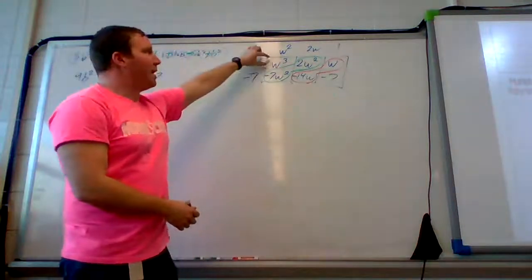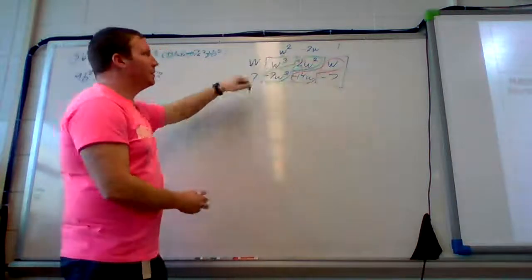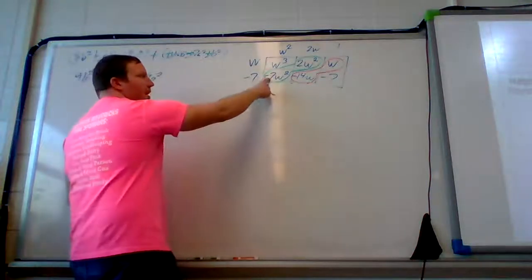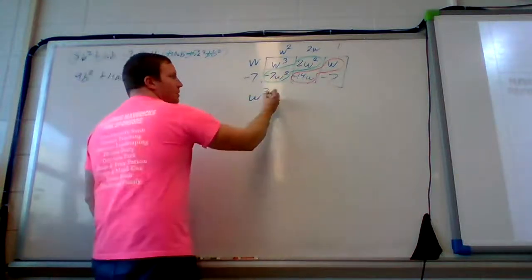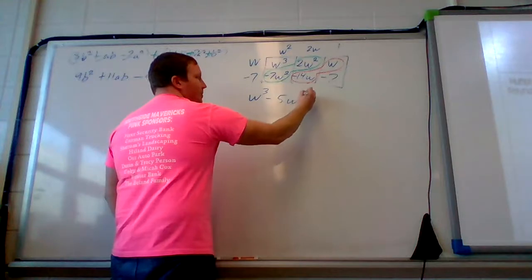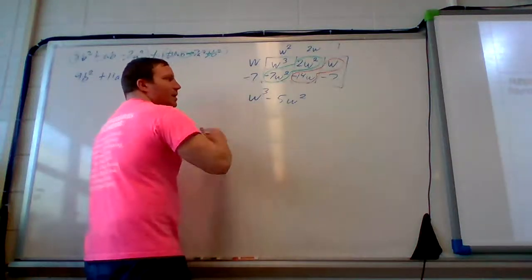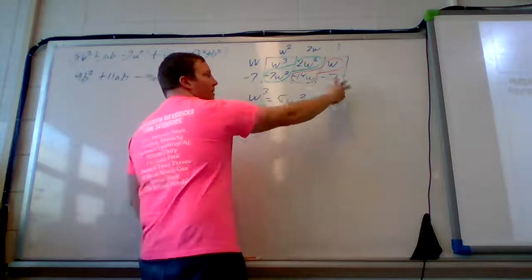Our highest degree should be in the top left corner if we went in descending order. So we have w cubed. We have a negative 7w squared plus a 2w squared, so 5w squared. Negative 14w plus a w, negative 13w, and then we have that minus 7.